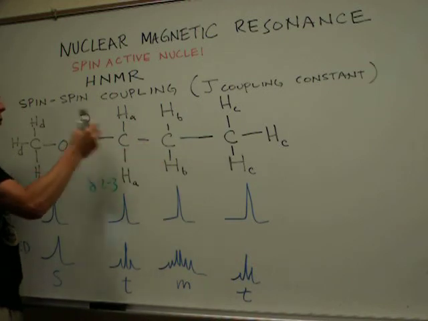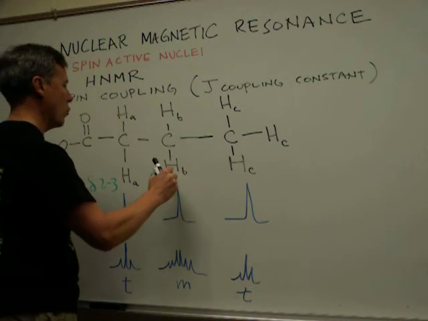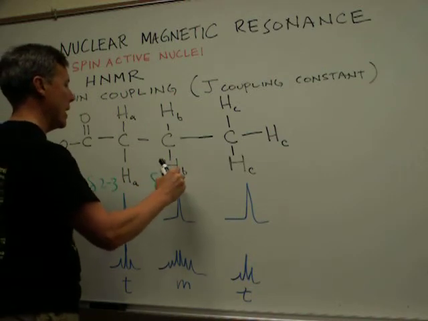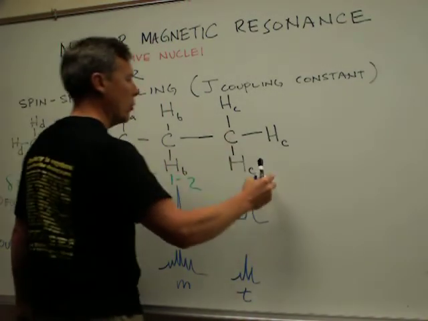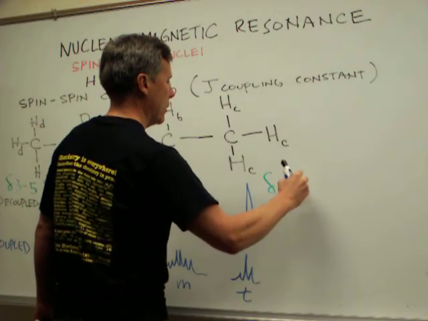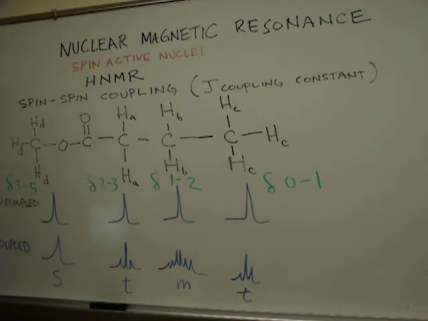These protons closer to the alpha protons would resonate perhaps somewhere between 1 and 2, being a little closer to the carbonyl. And these protons here would resonate between 0 and 1 for the hydrocarbon protons. So these would be the chemical shift values for these protons.